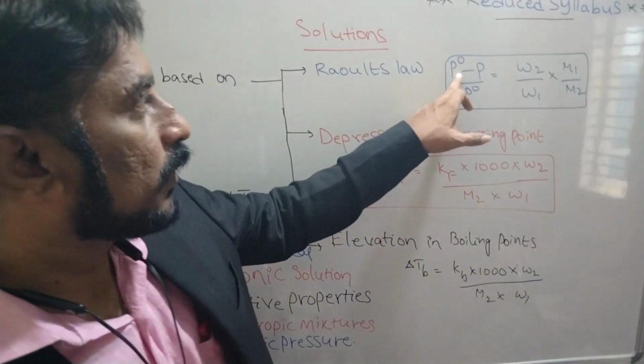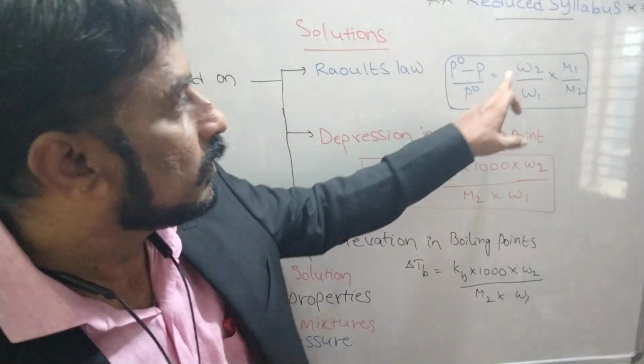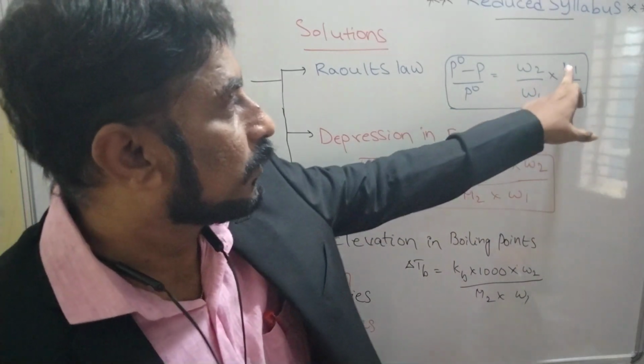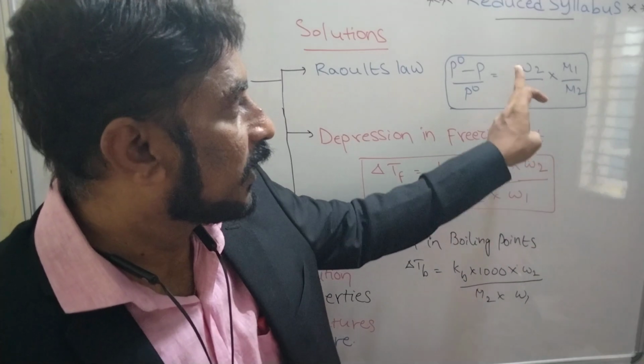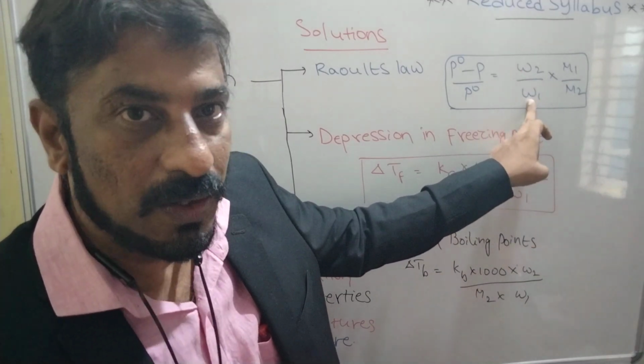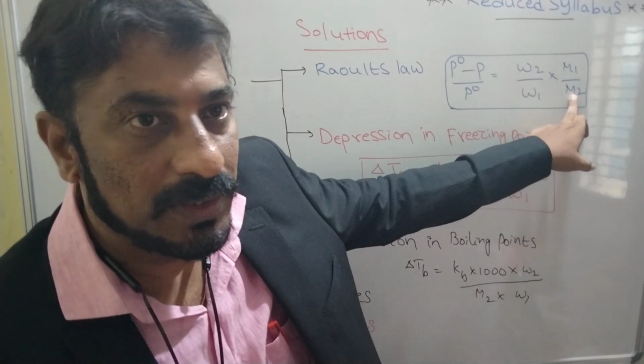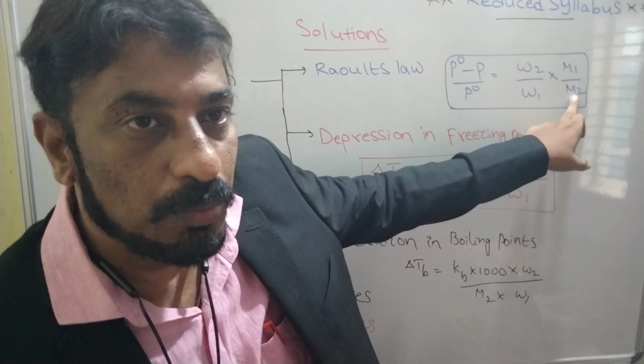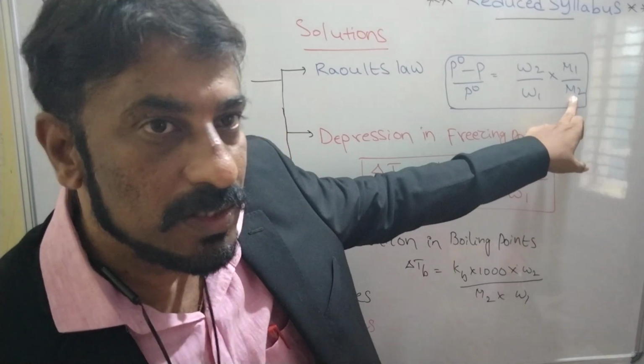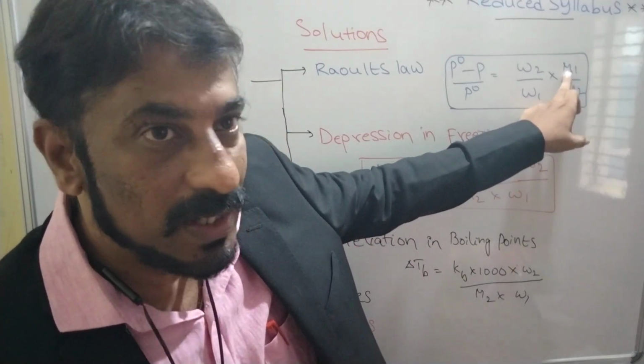Raoult's law means (P0 minus P) by P0 equals W2 by W1 into M1 by M2. Here W2 is the weight of the solute, W1 is the mass of the solvent, M2 is the molar mass of the solute and M1 is the molar mass of the solvent.